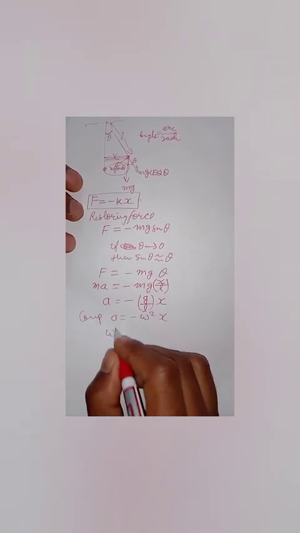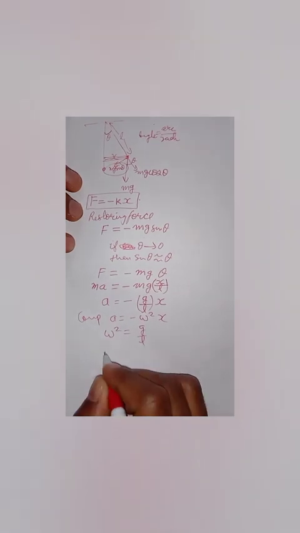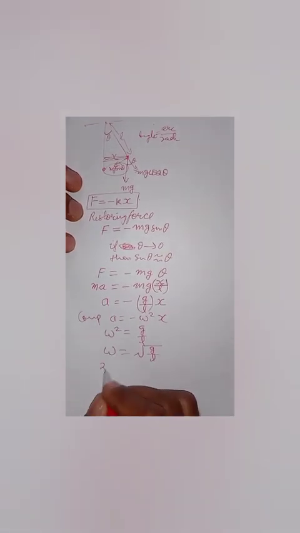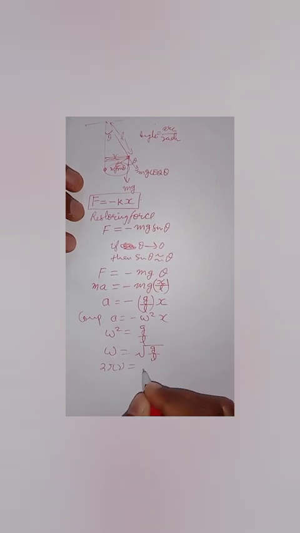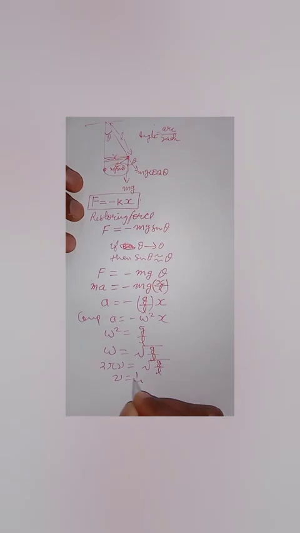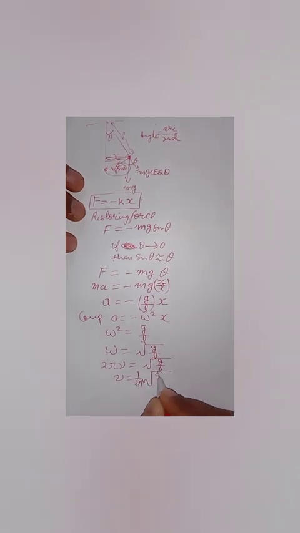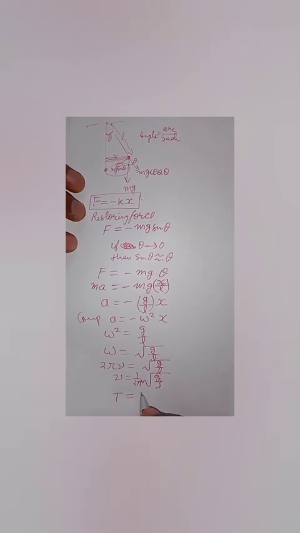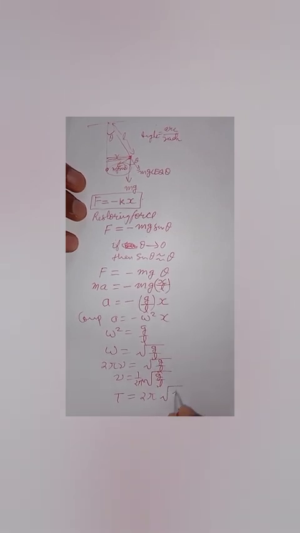So we can say omega square equal to g by L. So omega equal to root g by L. So omega is 2 pi nu is equal to root g by L. So nu equal to 1 upon 2 pi root g by L. And so time period, which is reciprocal to frequency, is 2 pi root L by g.